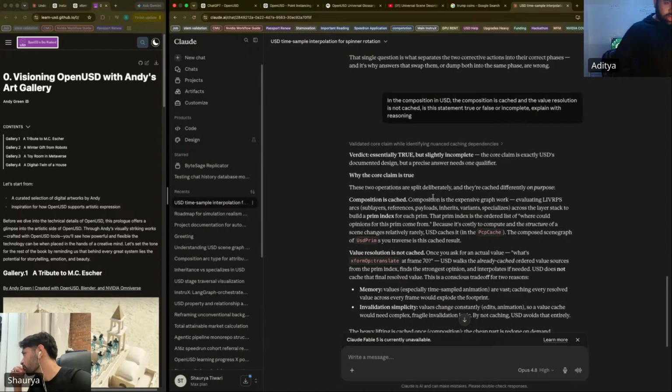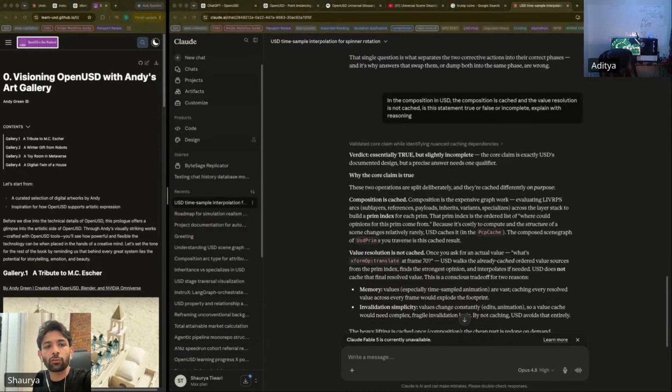Value resolution is not cached. Once you ask for an actual value, that's computed. Composition is cached. So were we wrong in this question or something? No, this was right. Okay. We were right, but this was somewhat of a fluke.